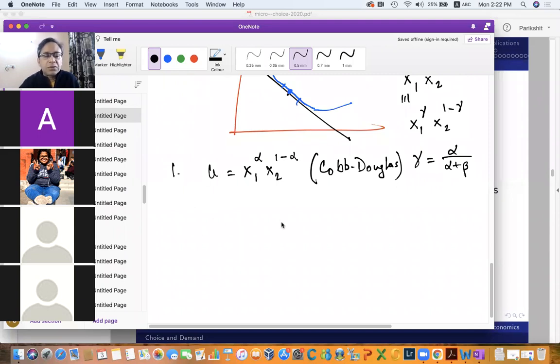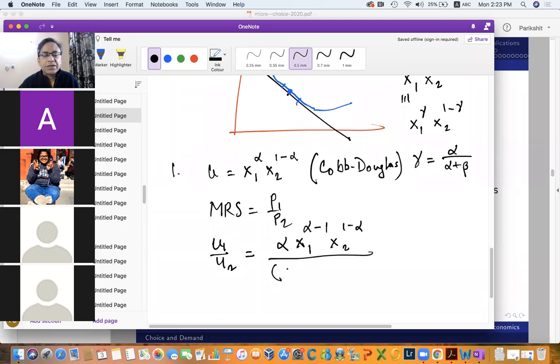So I will not bother to write down the Lagrangian. You can take the longer route. I'll just skip to the condition that MRS equals the price ratio. In this context, what will be the MRS? MRS will be u1 divided by u2. And u1 is alpha times x1 to the power alpha minus 1, x2 to the power 1 minus alpha.